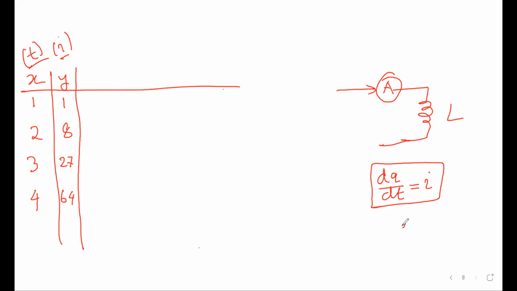Now, if we have this equation with us, then current is available to you, and you can easily find charge by numerical technique. But for example, if you are given a curve, measured this way, this is your current I, this is your time t in second, and charge in Coulomb.